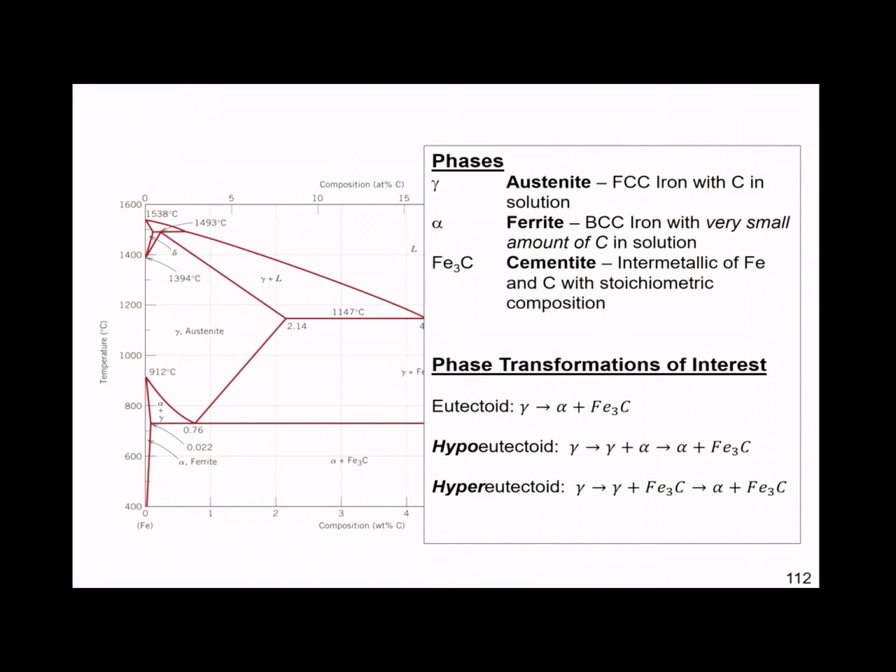So we have similar terminology. For hypoeutectoid, you're going from gamma to gamma plus alpha in this two-phase region right here.